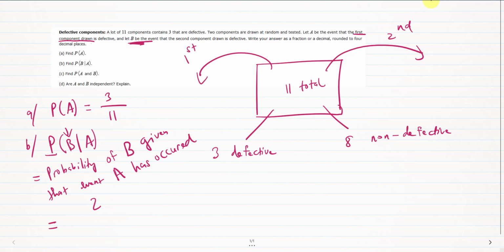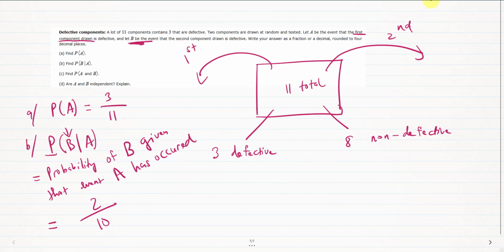We took out one already, and we got a defective component. So in the box, we only have 2 more defective. So 2 out of 10, because we took out one. So 11, we took out one, it became 10 components inside.